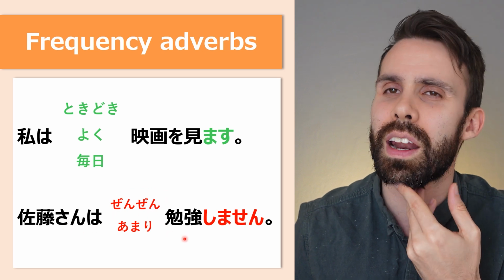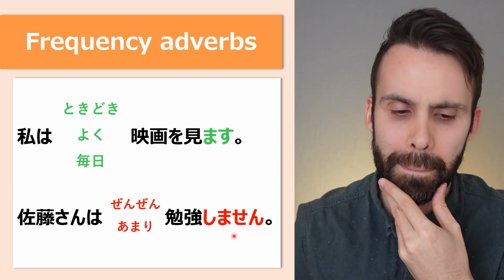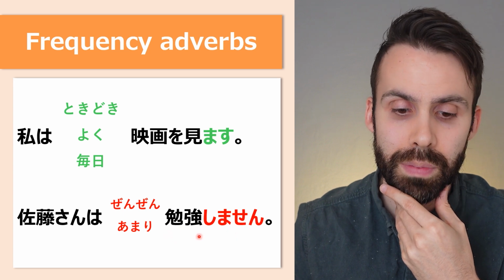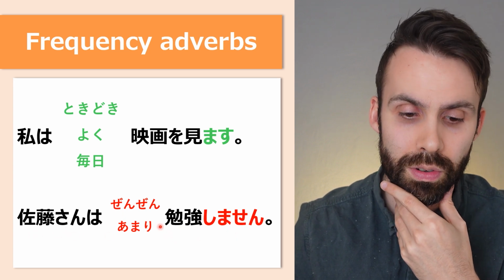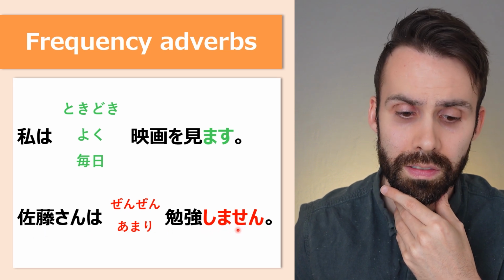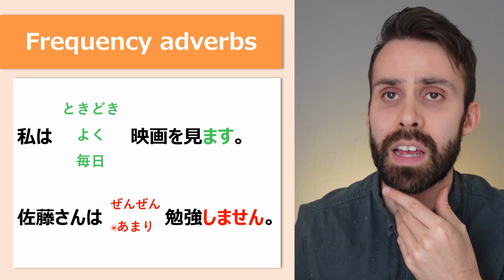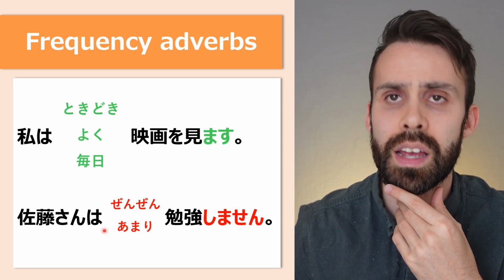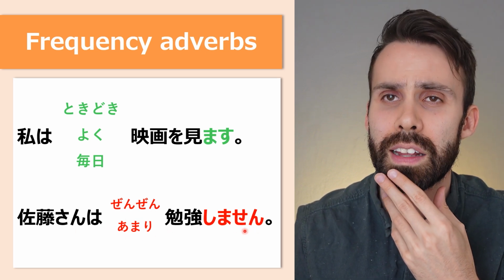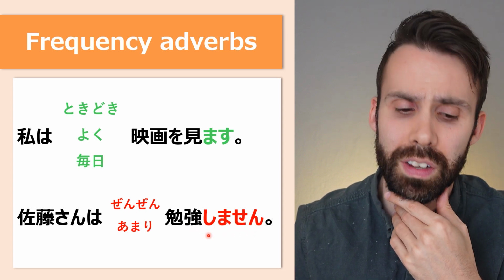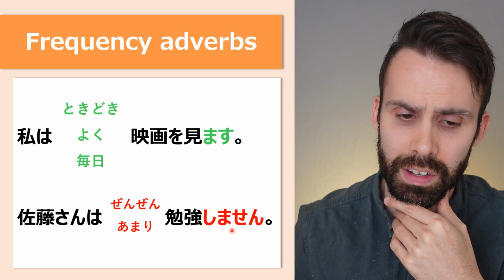And I notice here that I forgot to put the furigana. So, excuse me, 勉強. Or, 佐藤さんはあんまり勉強しません. So, 佐藤さんは全然勉強しません means doesn't study at all. And あんまり勉強しません means doesn't study that much. Just be careful that it needs to be negative if it's negative and positive if it's positive.